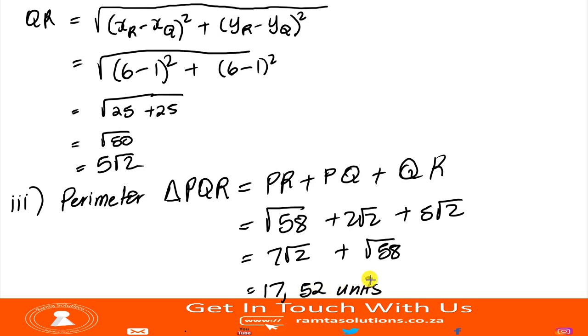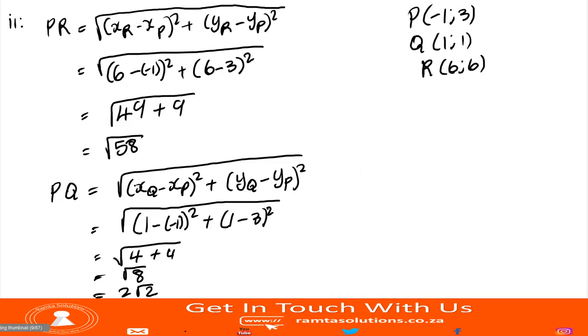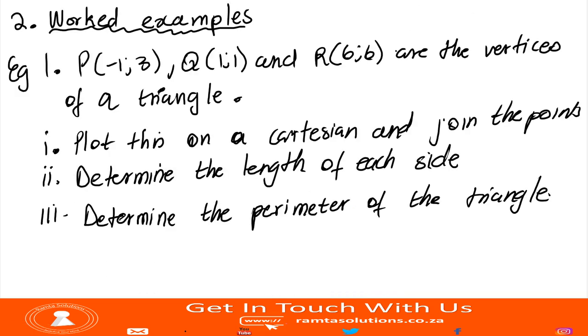You can say it's 17.52 units, or you can leave it as 7 root 2 plus square root of 58 units. That is the perimeter. Remember, perimeter is length, guys, so it is in units. I'm saying units here because the question did not say the distance is in meters, so we'll leave it as units.